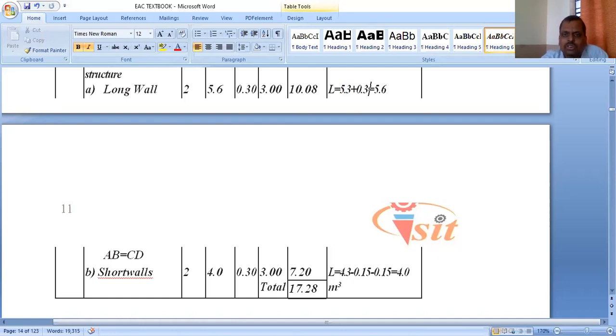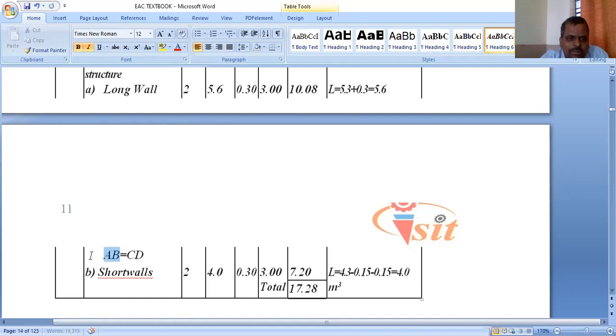Now for the long wall of the brickwork, one width of the item is 0.3 meter. So 5.3 plus 0.3 will give you 5.6 meter as the length of the long wall.